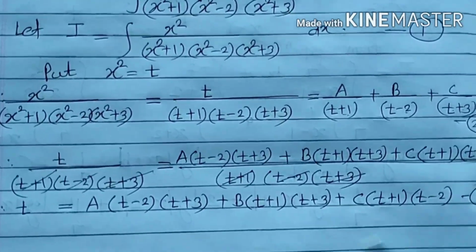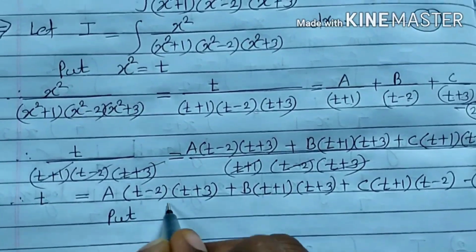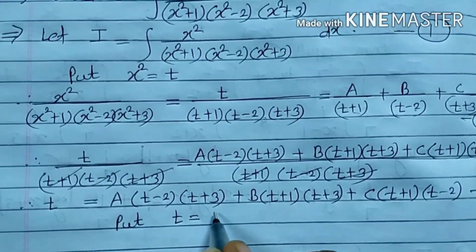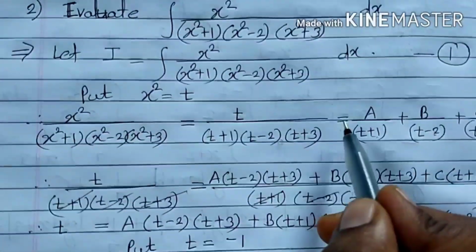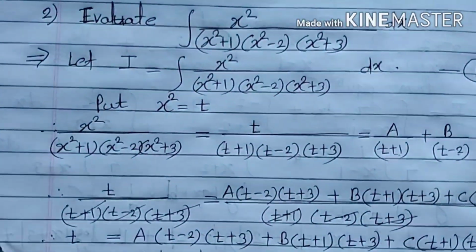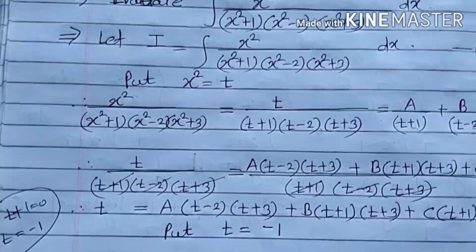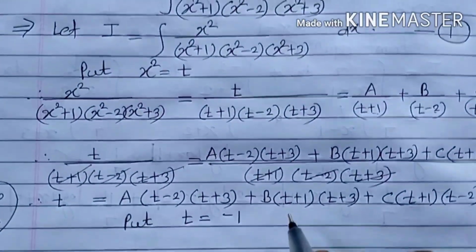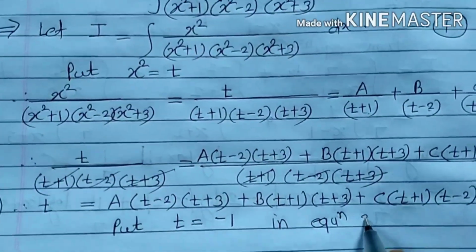Call it equation third. Now put t is equal to minus 1. Why? Because here a upon t plus 1, so t plus 1 is equal to 0, so we get t is equal to minus 1. It is only for understanding. Put t equal to minus 1 in equation 3.